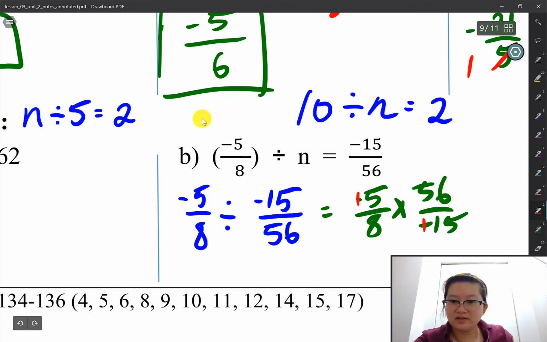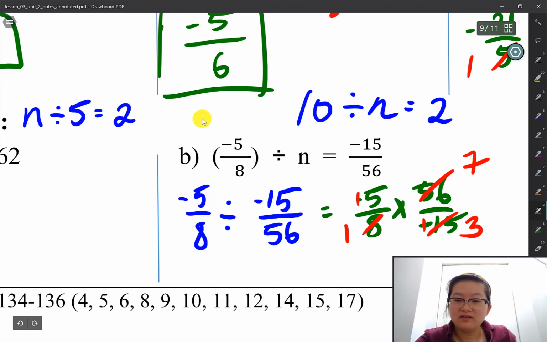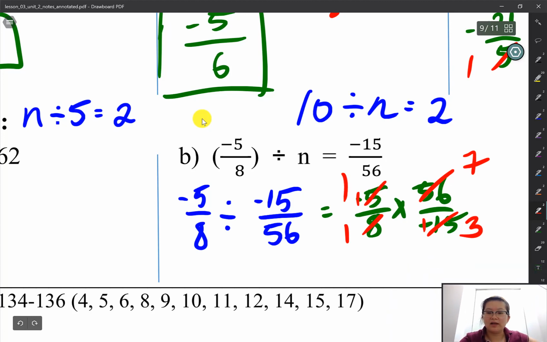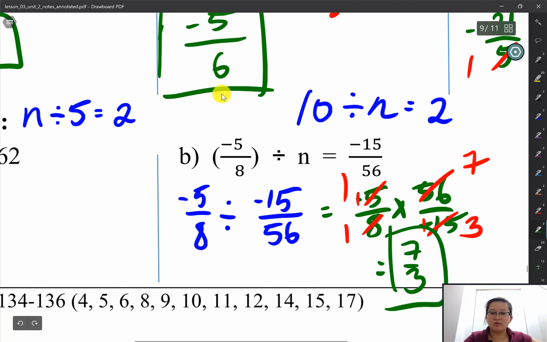And something else also cancels out, because if I divide 56 by 8, I get 7, and 8 divided by 8 gives me 1. If I divide 15 by 5, that gives me 3, and 5 divided by 5 gives me 1. Look, we've got a simple fraction to work with now. I basically have 1 times 7 over 3. So the answer here is just 7 over 3. Very nice number to work with.